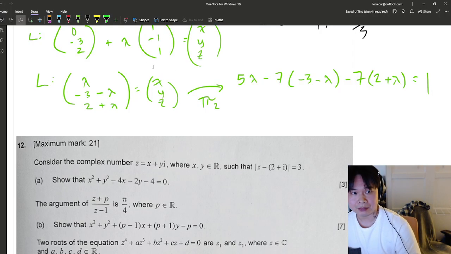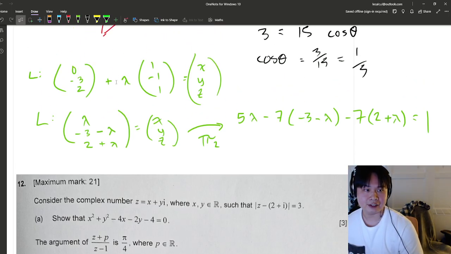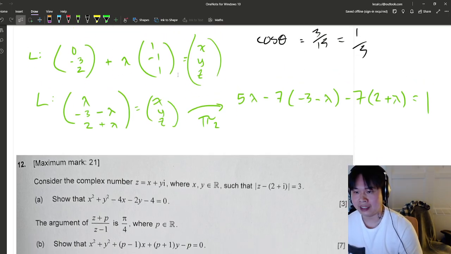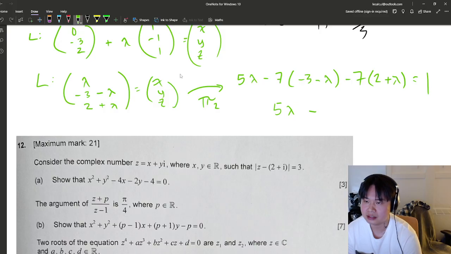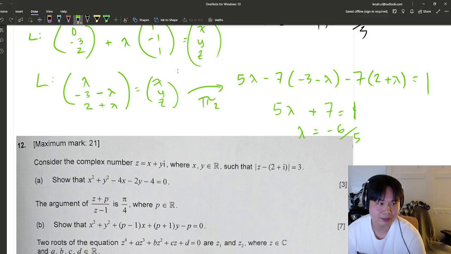Once we get lambda, we put it back into the equation for the line so that we can get the exact coordinate for F. Okay, 5 lambda minus lambda minus 7 lambda, and the constants: minus 3 minus 14, which is minus 17, equals 1. I don't know, lambda's negative 6 over 5.